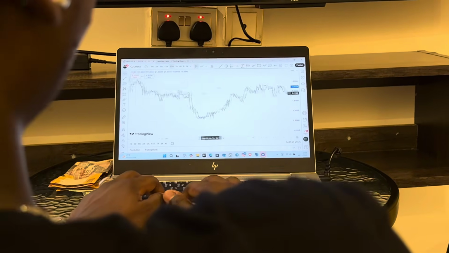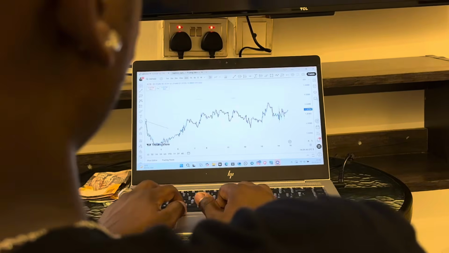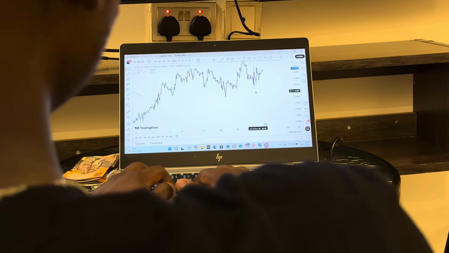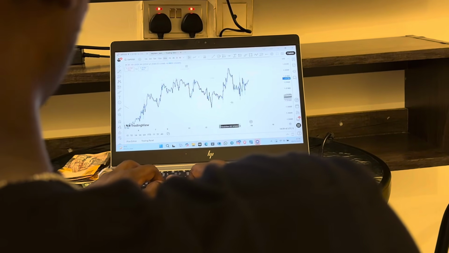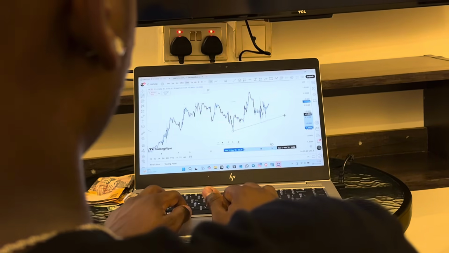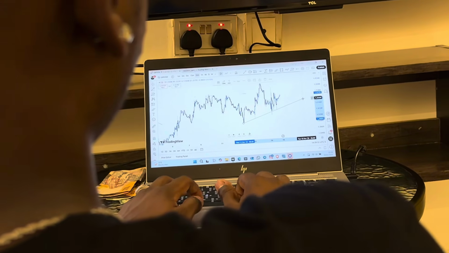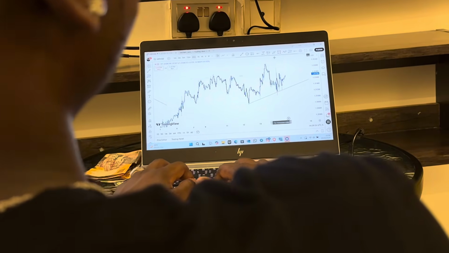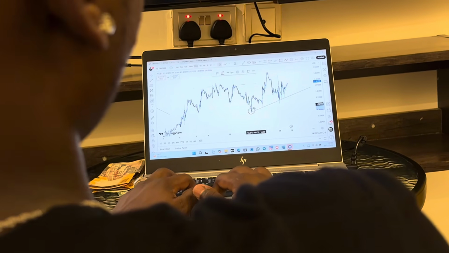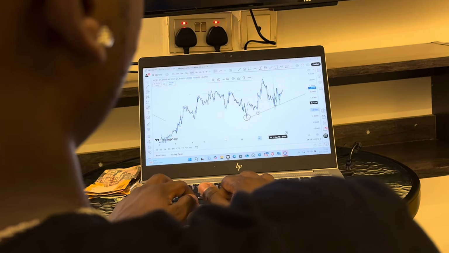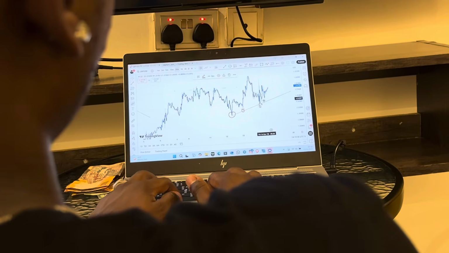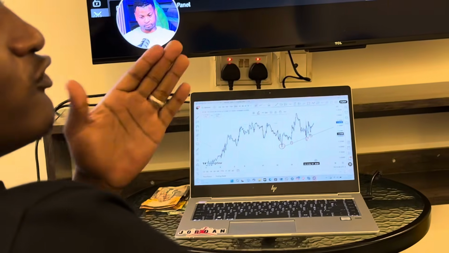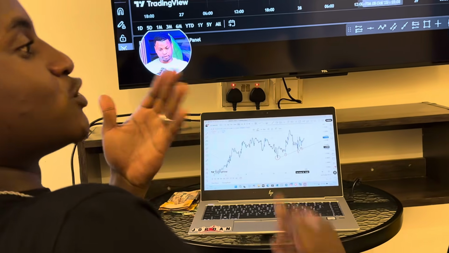Dumped. After that, the market reversed. So where the market is right now, you can draw another trend line like this. You see, the market has respected this point, this point, this point, this point, and this point. So this is the simplest way of which you can be able to make more money.